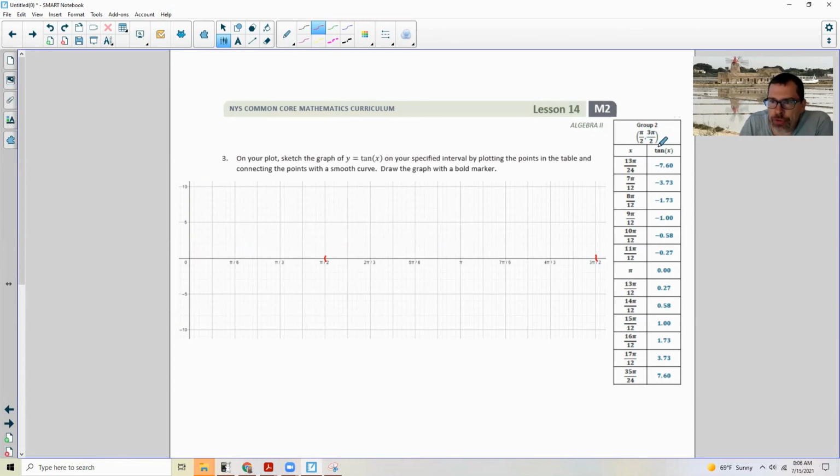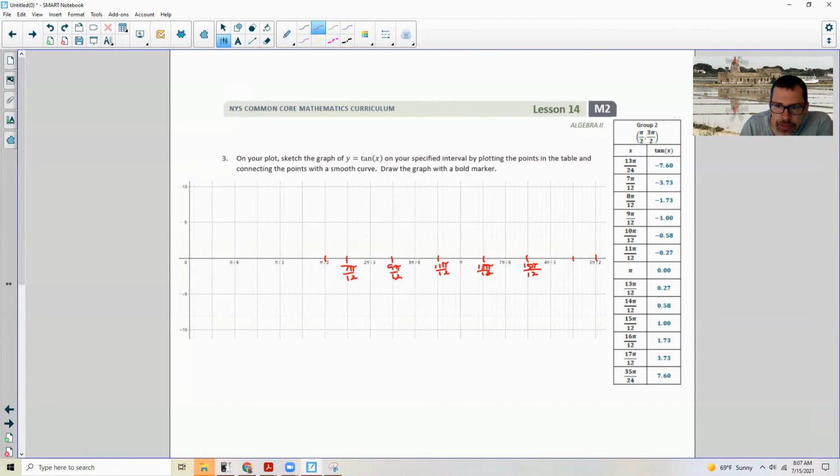So at pi over 2, something's going on there. We're not going to graph there, but this is pi over 12. So if these were twelfths, that'd be 6 pi over 12, 7 pi over 12, 8, 9 pi over 12, 10, 11 pi over 12, 12 pi over 12 is pi, 13 pi over 12, and 15 pi over 12.